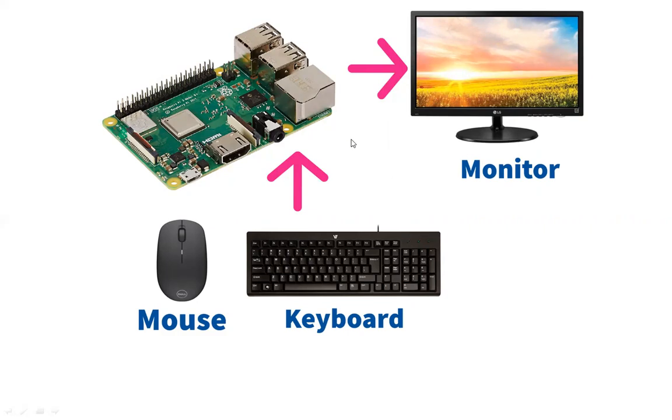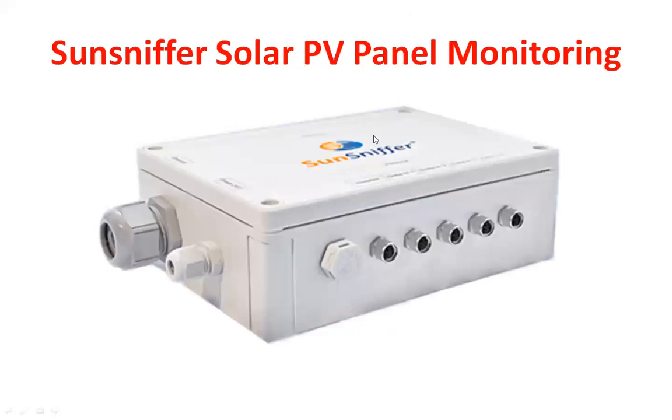You can do that. Okay, so I'll now show you some of the industrial products designed using Raspberry Pi. If you see here, the Sun Sniffer solar PV panel monitoring system, designed by a company called Sun Sniffer. They continuously monitor PV panels, how they are performing in real time. To understand that, they do condition monitoring of solar PV panels.